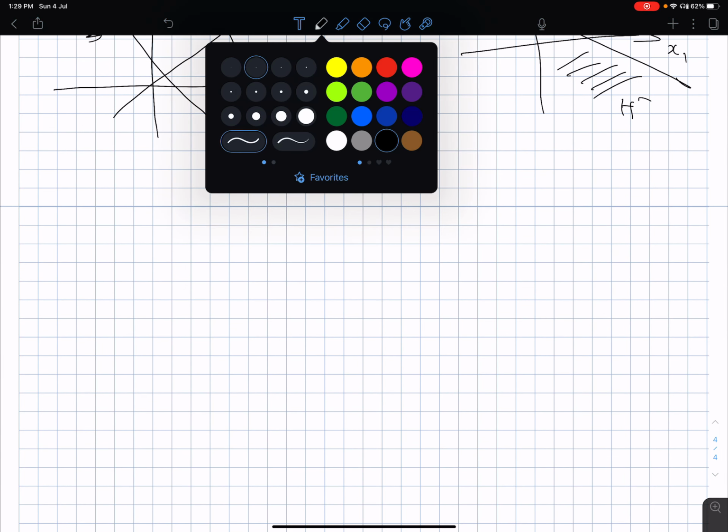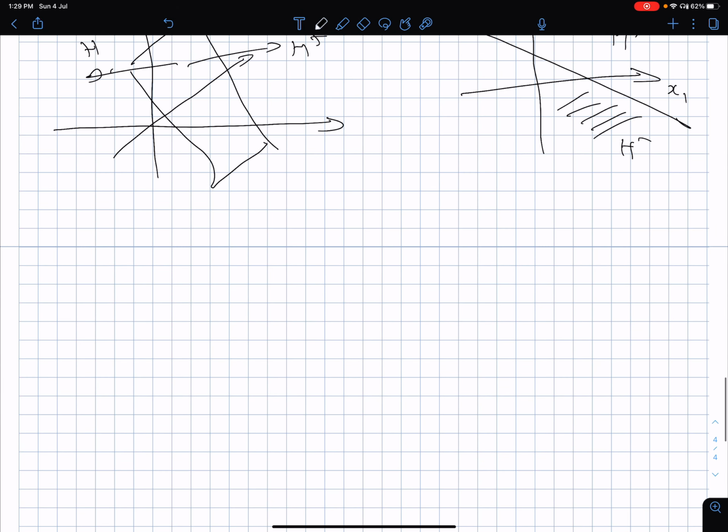So in general, what I am trying to say is the hyperplane P transpose x is equal to alpha. This is a hyperplane.